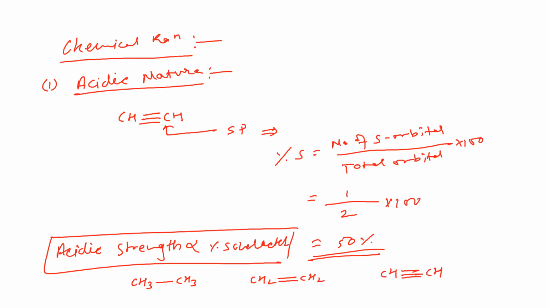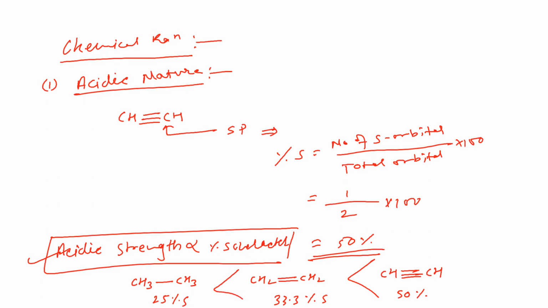In all the cases, the percentage s character is 25%, here it is 33.3%, and here it is 50%. So acidic strength is proportional to s character, and this is the order of acidic strength, right?